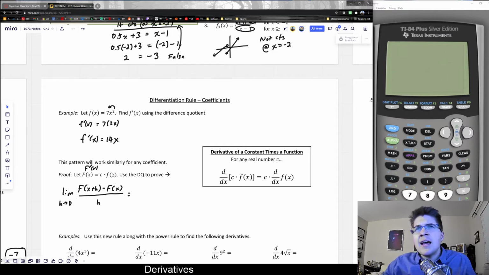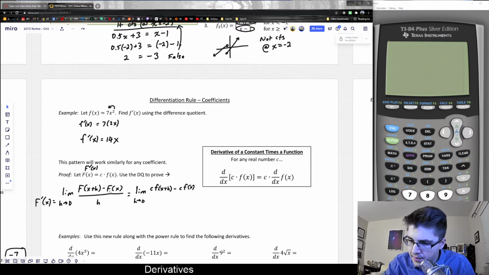Since capital F of x is equal to c f of x, this would be equal to the limit as h approaches 0 of c times f of x plus h, minus capital F of x, which is c times little f of x, and all of this divided by h.